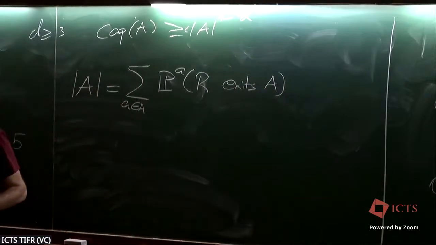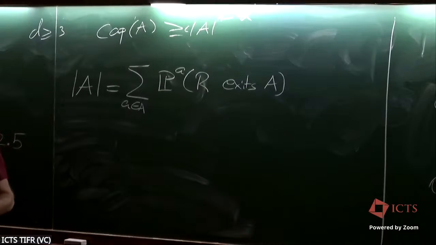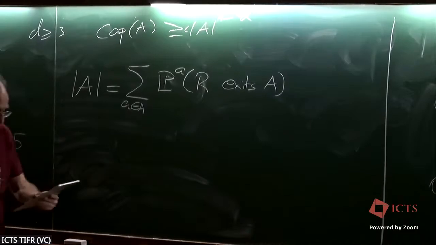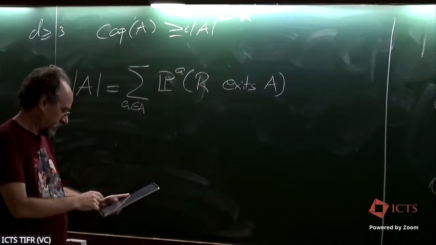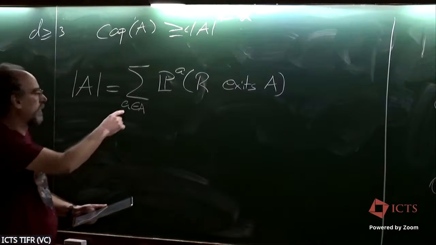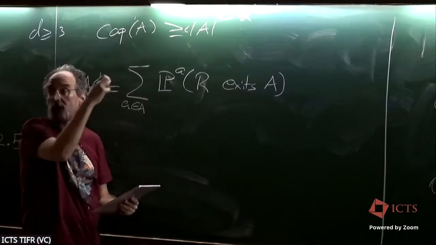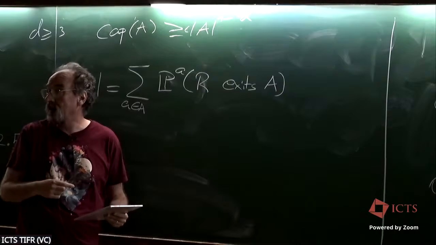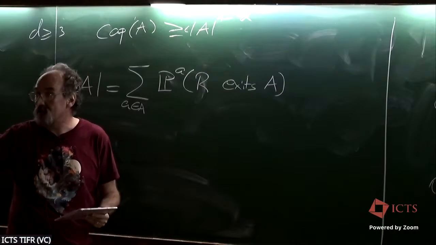Not that it exits A at time 1, but that it exits A at some time. That's obvious, right? It's a transient process, so it exits A eventually. So let's break this sum according to the time and the place where it eventually exits.